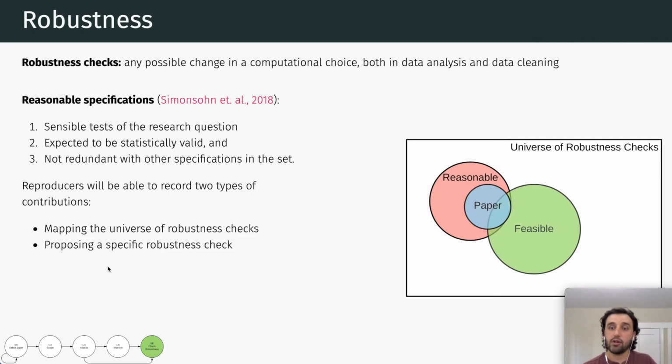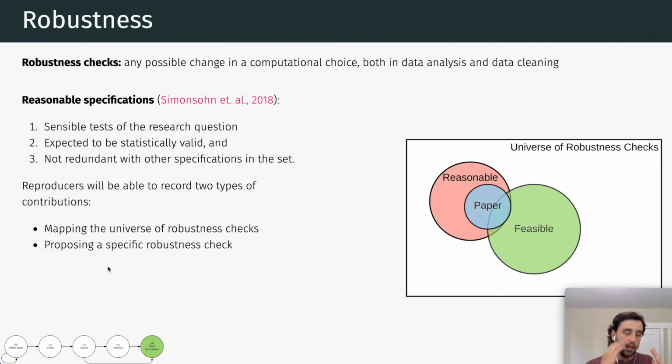The universe of robustness checks could be pretty large, potentially infinite, actually. So we will follow the nomenclature from Simonsohn et al., where we focus on reasonable specifications, which are sensible tests of the research question, expected to be statistically valid and non-redundant with previous tests.